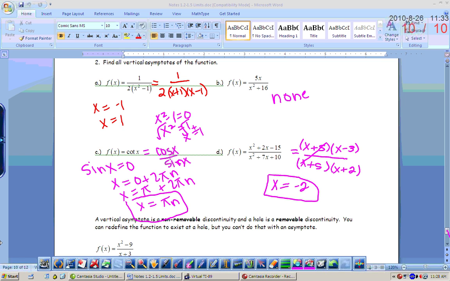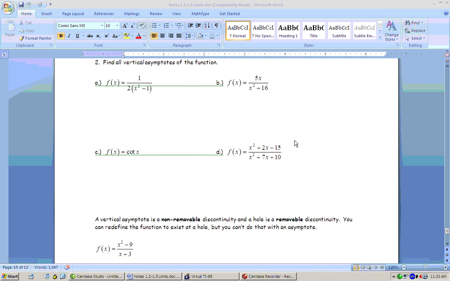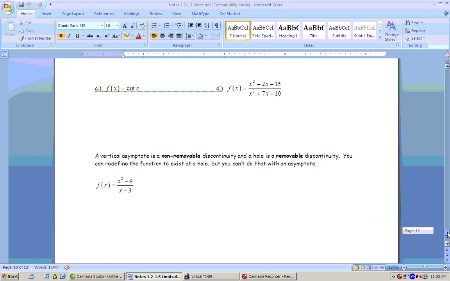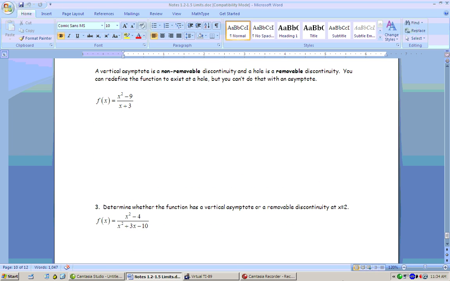Well, what do you need to do to graph it? Factor. There's that F word again. The math F word is okay.